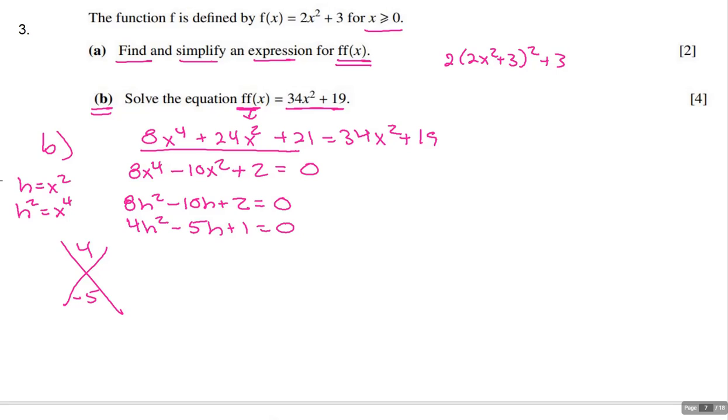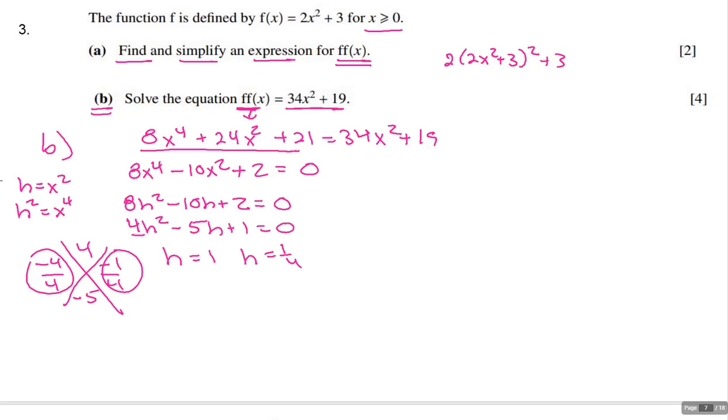What are two numbers that multiply to 4 and add to get negative 5? Negative 4 and negative 1. These are the opposites of our answers. Our answers are h is equal to 1 and h is equal to 1/4.